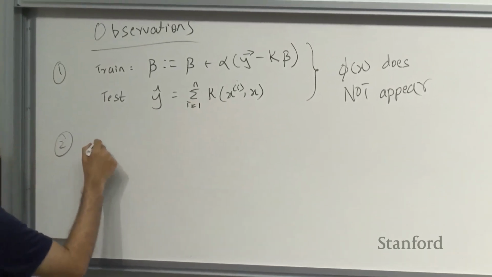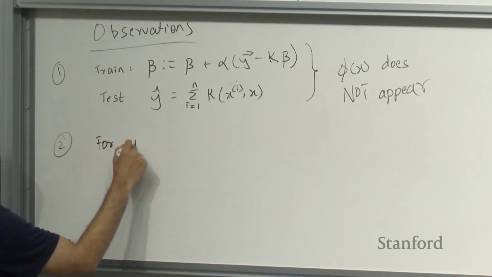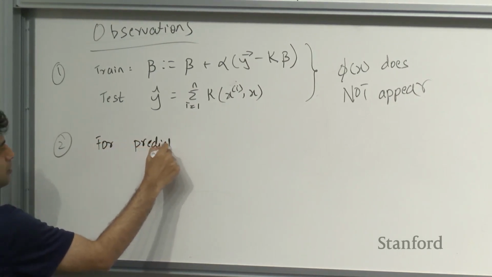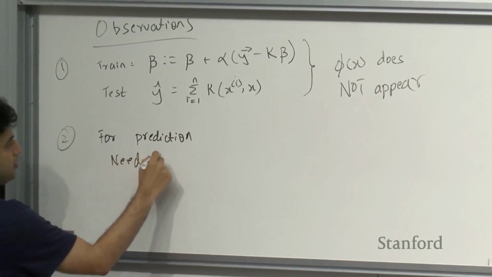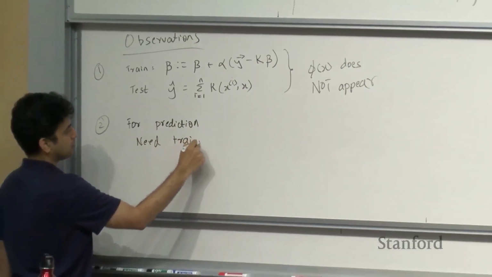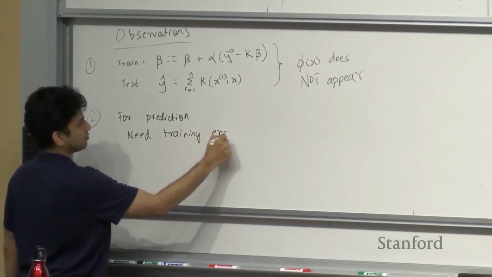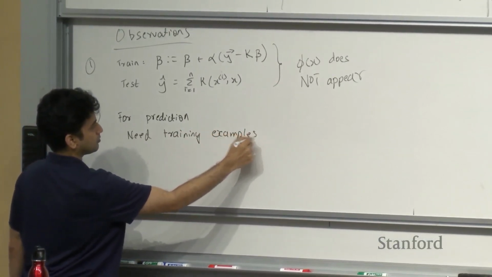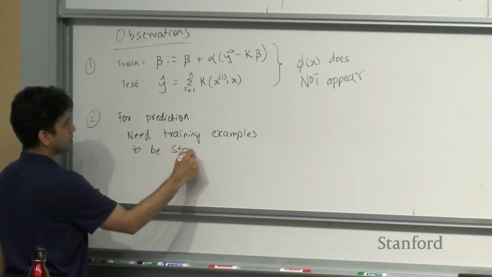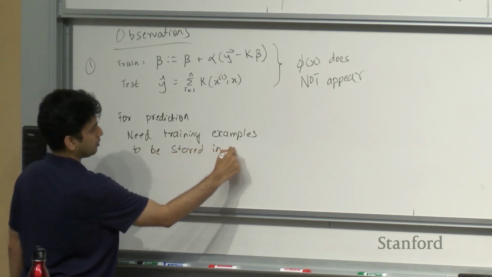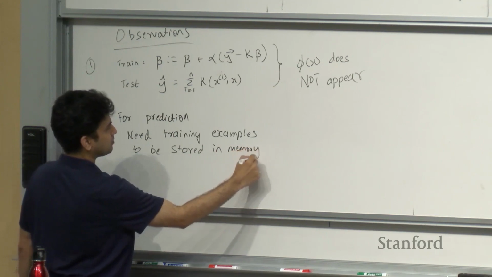So for prediction, we need training examples to be stored in memory. Right?